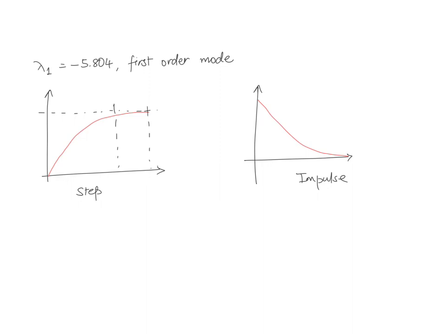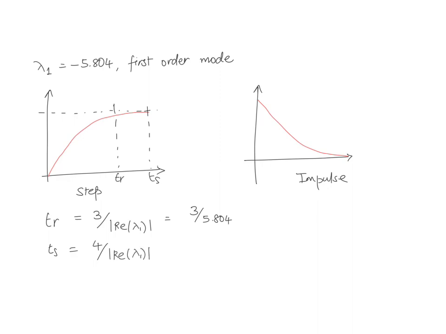So this is the rise time over here, and this is the settling time over here. The rise time is 3 over the real part of lambda 1, which is 3 over 5.804, and the settling time is 4 over the real part of lambda 1.